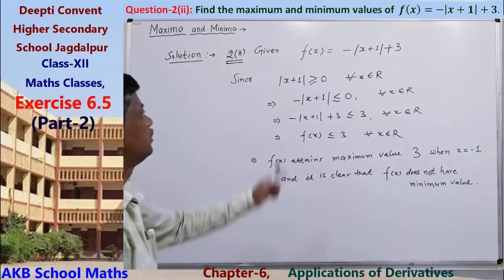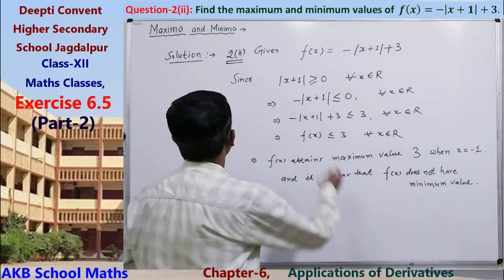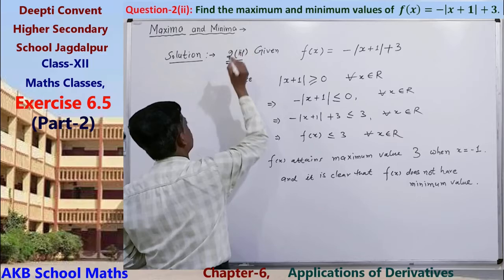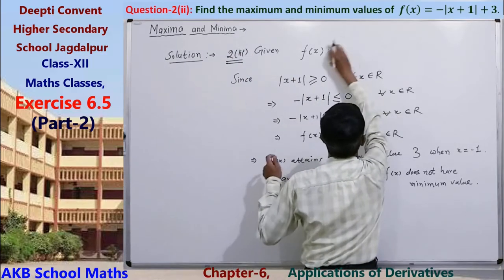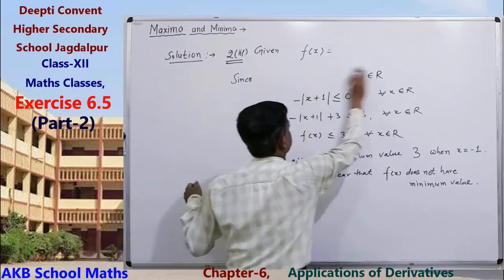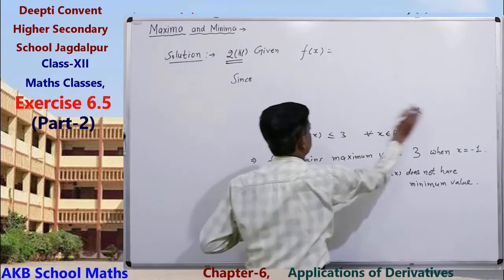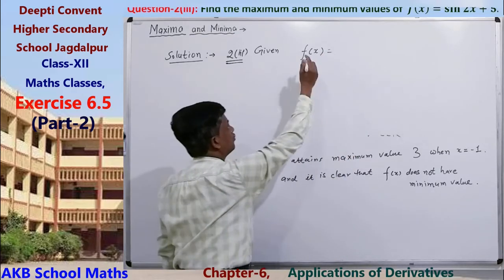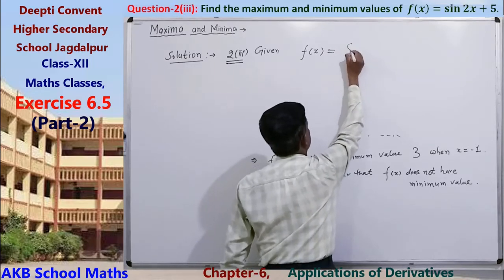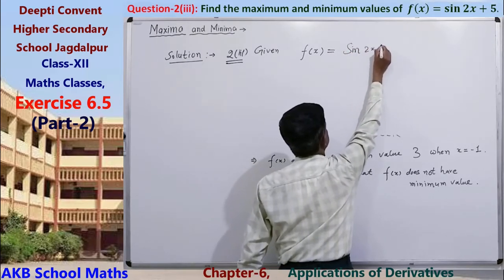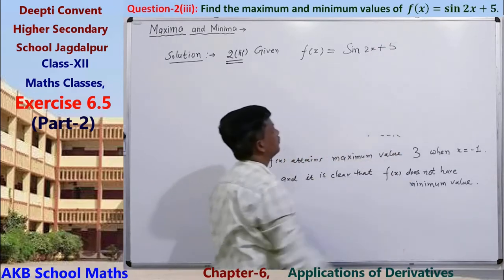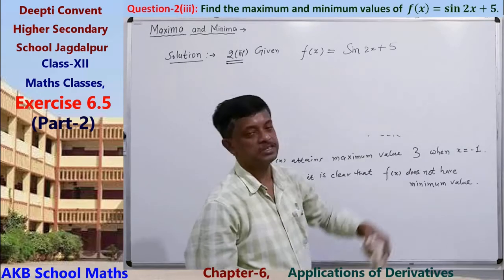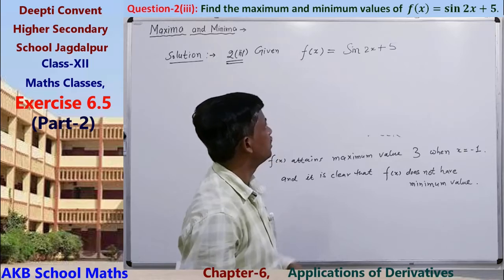Now take question third of 2. Here the function is given as sin 2x plus 5. Clear? Here we also see that the domain of this function is all real numbers.